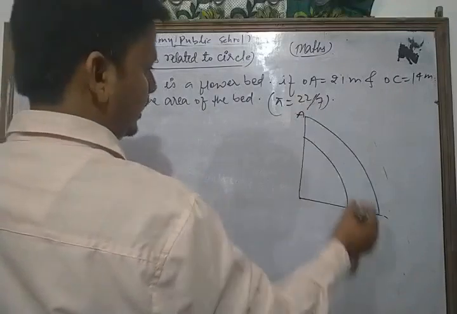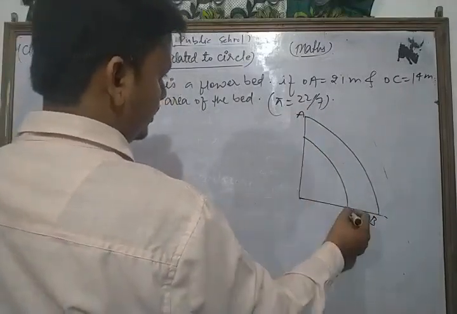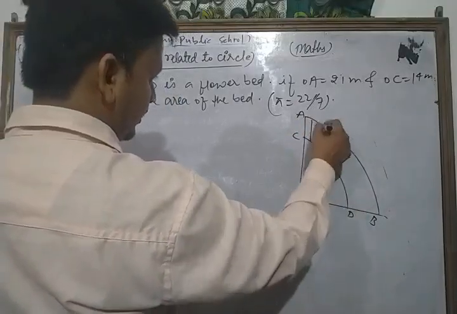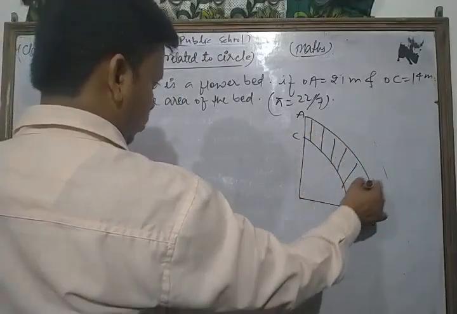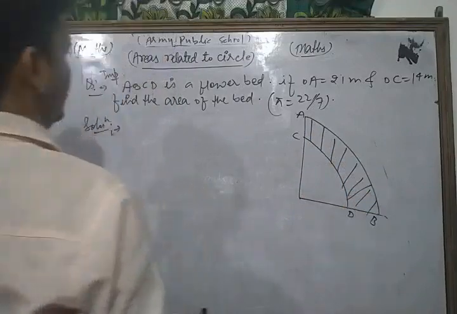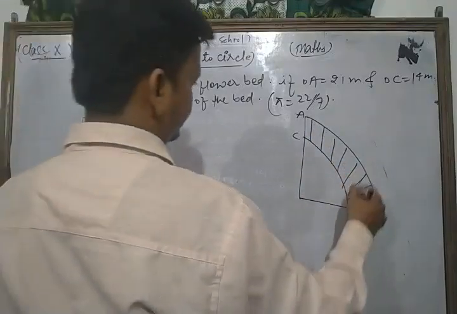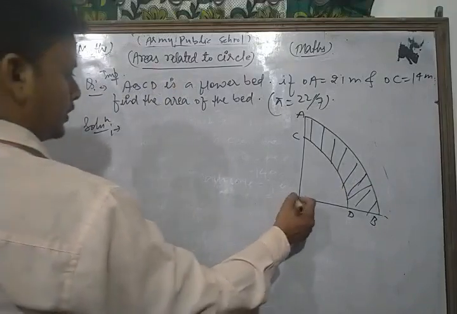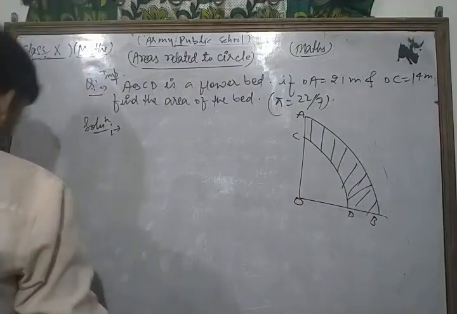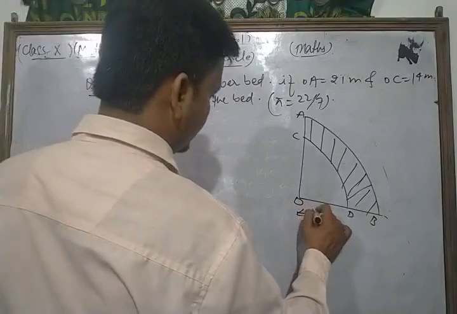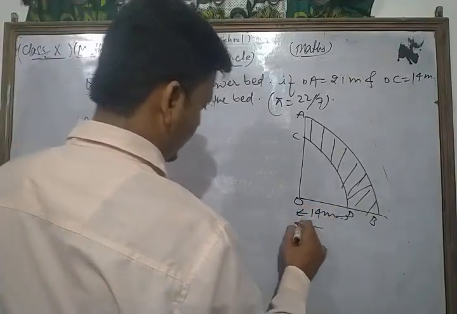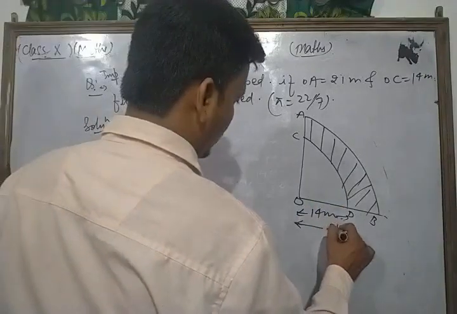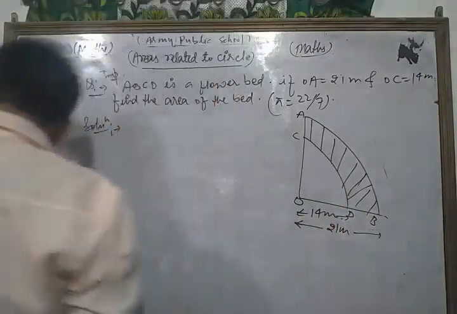This is A, B, C and D. This is O. This is 14, and this one is 21 meter.